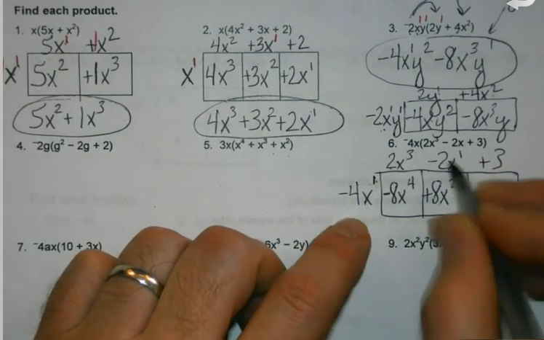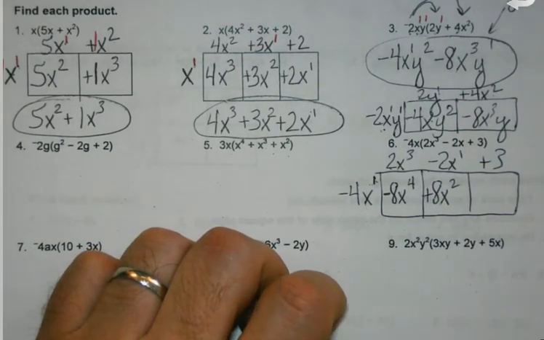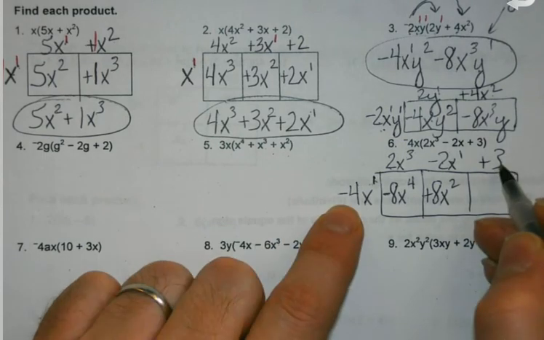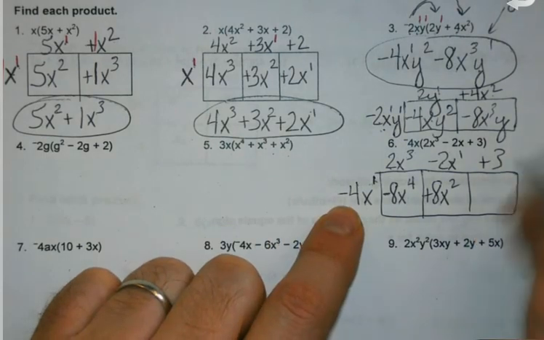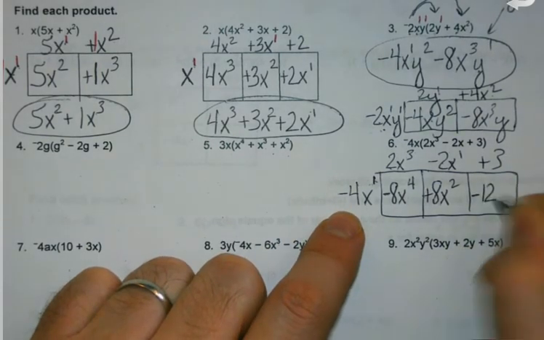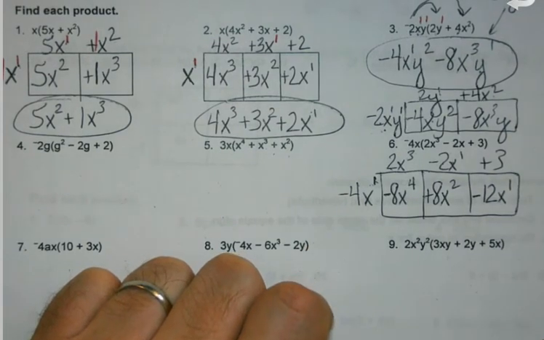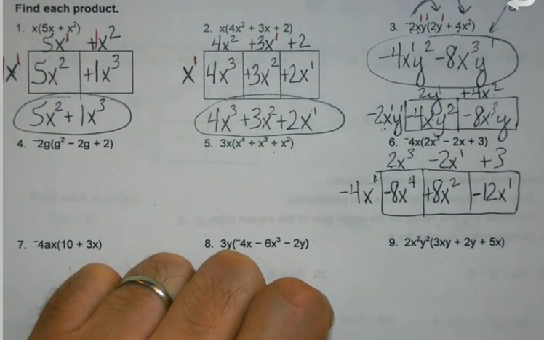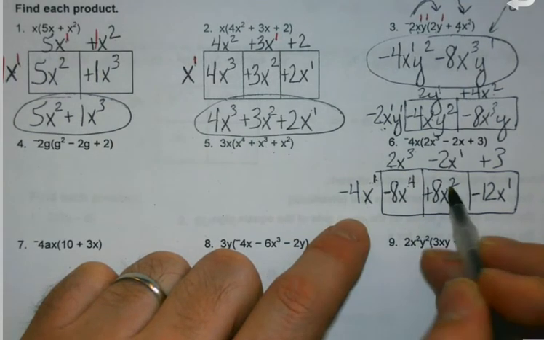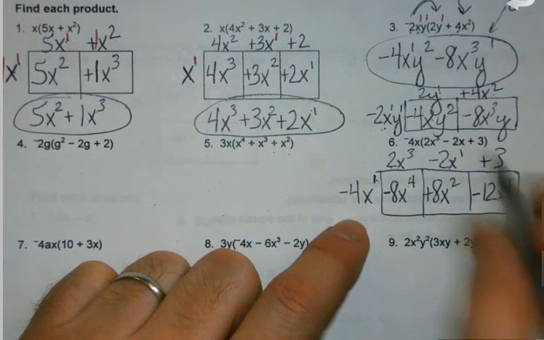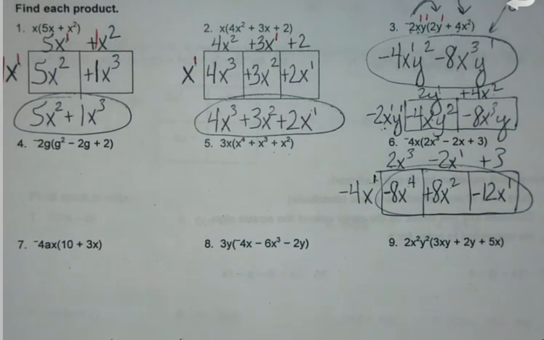X to the second, because I add my exponents up. And this last one, I just got the numbers to work with. And again, if I don't see anything that's alike as far as my exponent terms go, I actually could just leave it in the box and circle it.